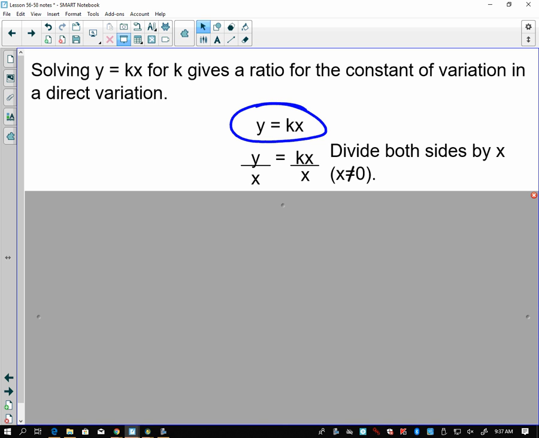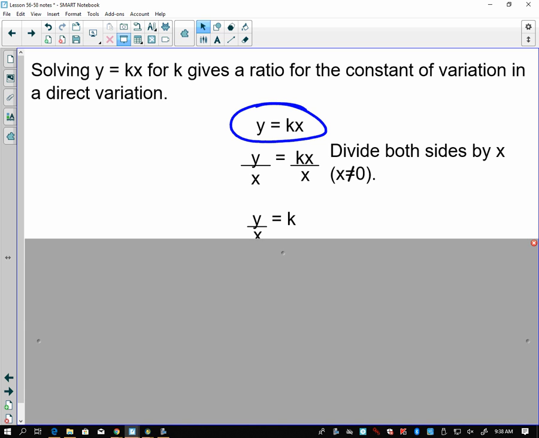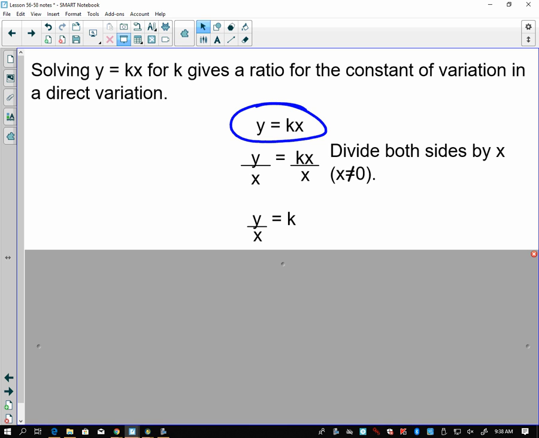Does anybody know why x cannot be 0? Why can x not be 0? Right, because at that point I'm creating fractions, and can I have 0 as a denominator in a fraction? No. Okay, so after that we get k equals y over x.